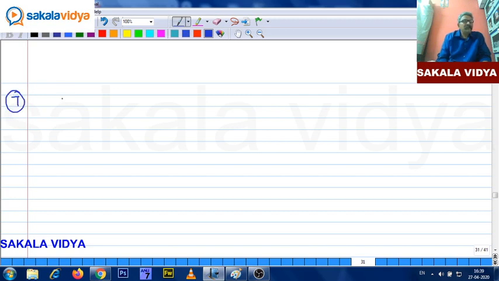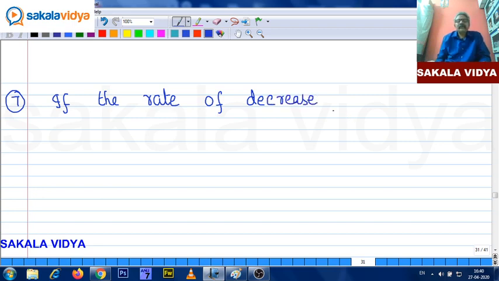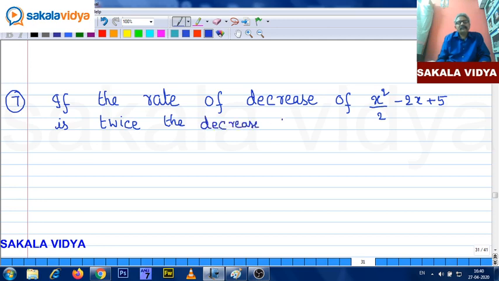Seventh question, if the rate of decrease of x square by 2 minus 2x plus 5 is twice, means 2 times, the decrease of x, that means rate of decrease of x, then x equals to the value of x.